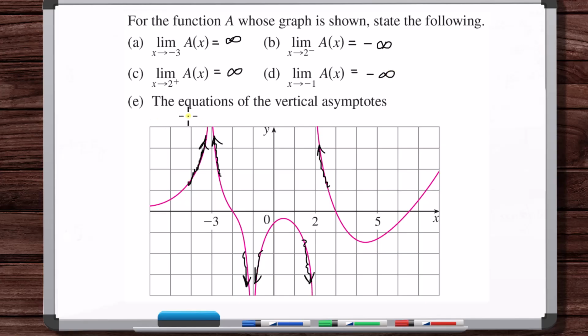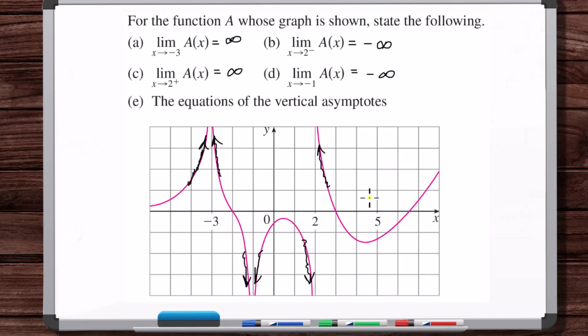Now, okay, what are the equations of the vertical asymptotes? What did we talk about was a vertical asymptote? It's the equation of a vertical line, which is going to be x is equal to some number, as long as on just one side of the vertical line, or both, whatever, there's an infinite limit associated with that vertical line, that's going to be a vertical asymptote.